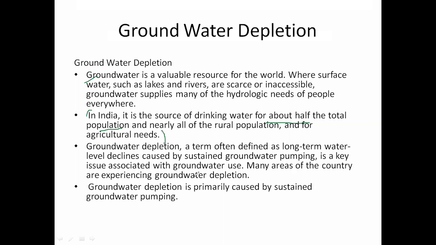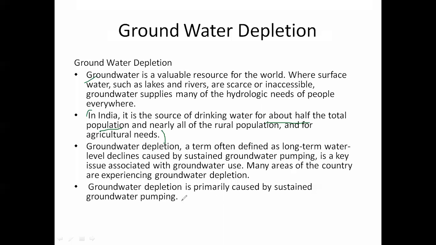Groundwater depletion, a term often defined as a long-term water level decline caused by sustained groundwater pumping, is a key issue associated with groundwater use. Many areas of the country are experiencing groundwater depletion, primarily caused by sustained groundwater pumping.